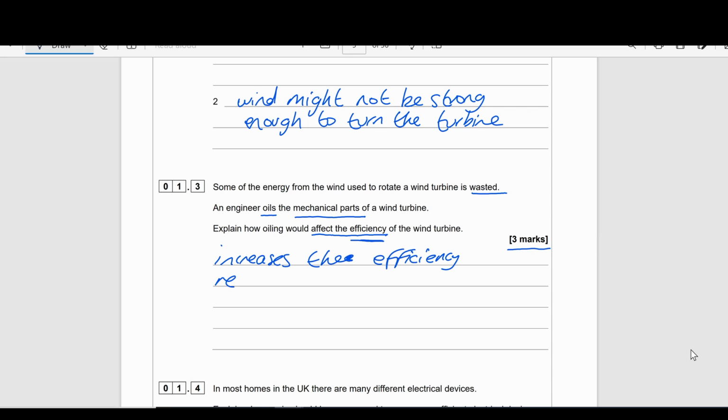It's going to be wasted. So by increasing the efficiency through oiling the mechanical parts, this will reduce friction. And that definitely means now that either less energy is going to be wasted, or you could say that more useful energy is transferred.